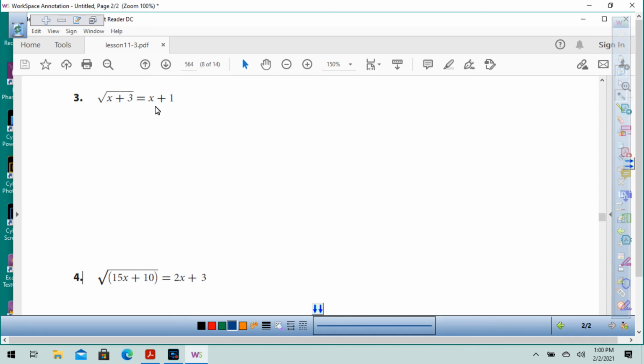Again, we have a radical on one side, so let's square both sides to get rid of the radical. x plus 3 equals, and this x plus 1 that was squared, x plus 1 times x plus 1, is going to give us x squared plus 2x plus 1.